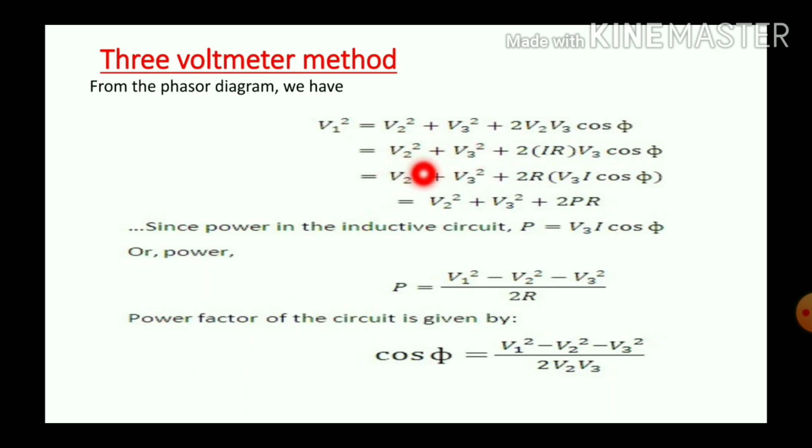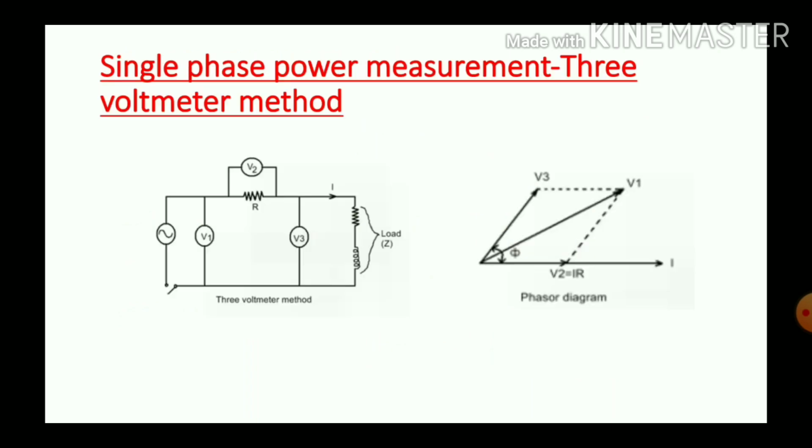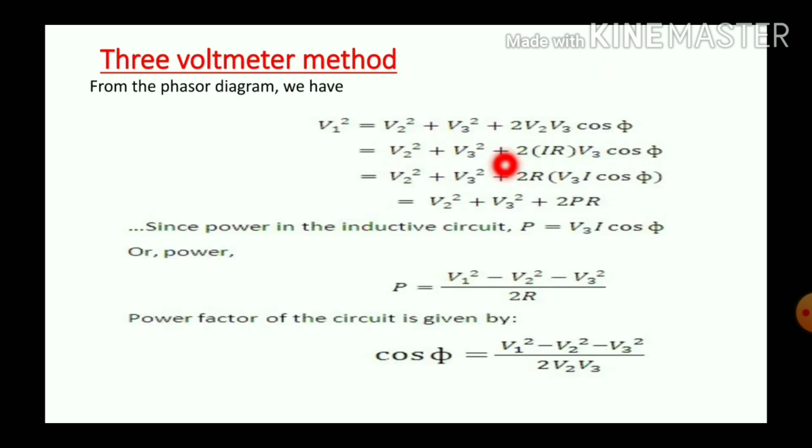V1 square equals V2 square plus V3 square plus 2 into IR V3 cos phi. Here V2 is the voltage across this resistor, so we can write V2 equal to current I into R. So the equation becomes V2 square plus V3 square plus 2R into V3 I cos phi.